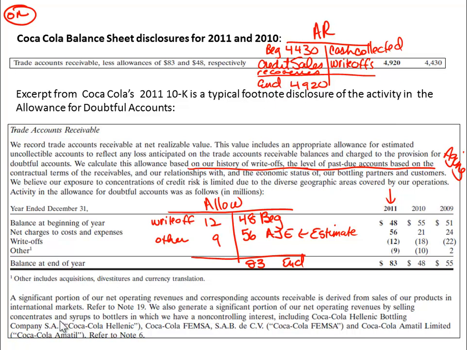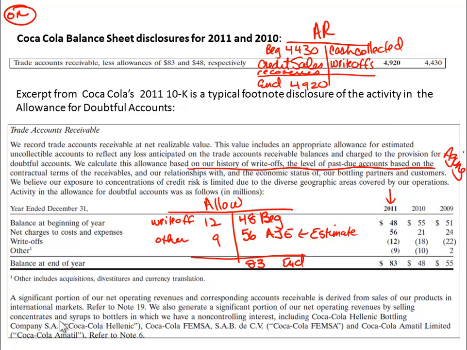And I've jotted down for you here the anatomy of the T account. So notice accounts receivable are increased by credit sales. They're also increased when a customer who you've previously written off pays you. Also, accounts receivable are decreased when cash is collected from customers or you write off specific accounts.